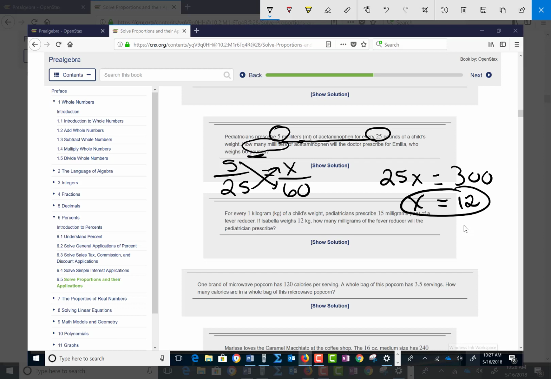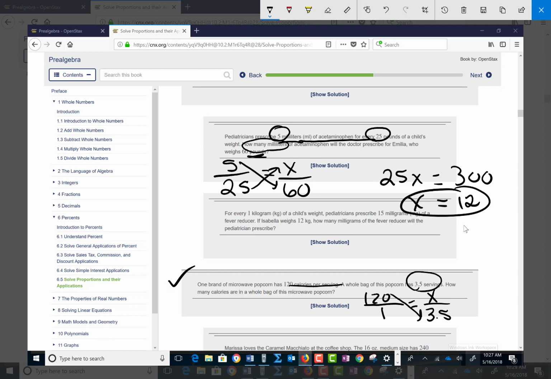This one says one brand of microwave popcorn has 120 calories per serving. A whole bag has 3.5 servings. How many calories are in the whole bag? So if we put the calories on the top and we put for one serving, we want to know the calories over here for 3.5 servings.